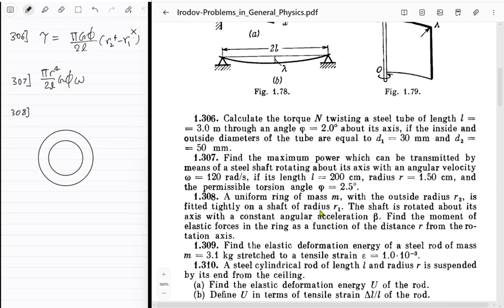Now something's just going wrong. Do we not take into account the density and everything of the ring? I mean, we should. Mass M. This is very weird.